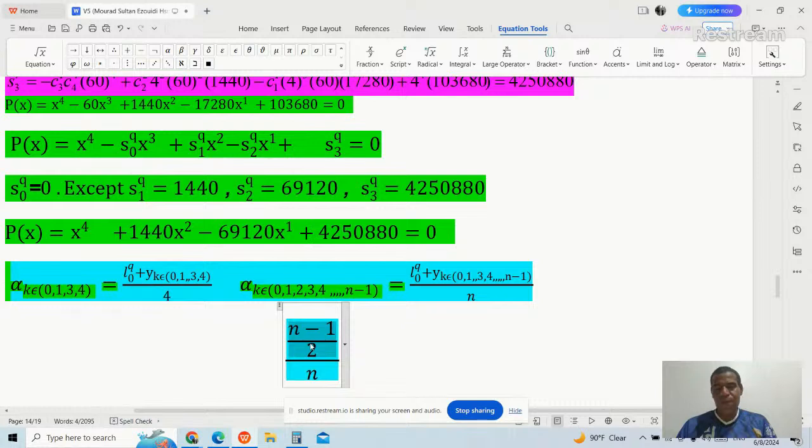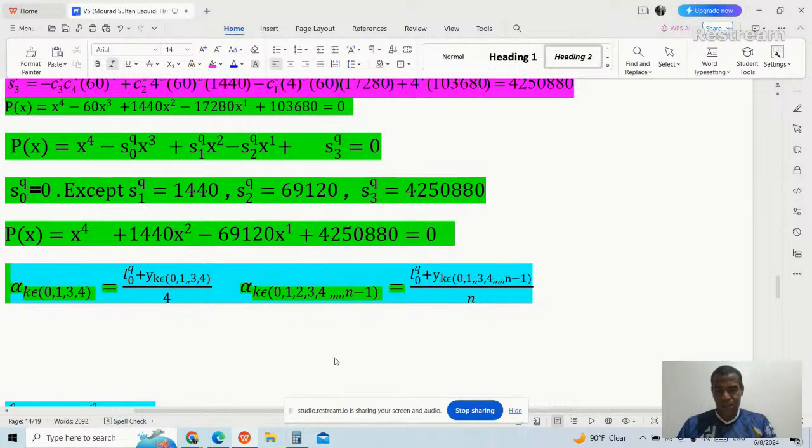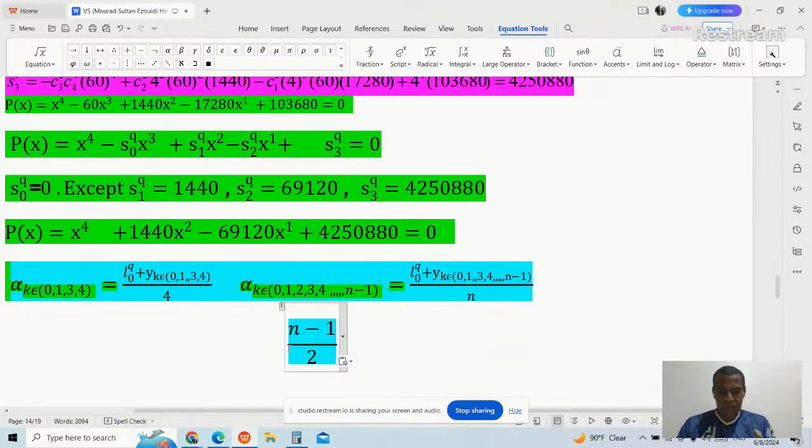K has to be different to this value because you will get the value 0 when you extend your polynomial.